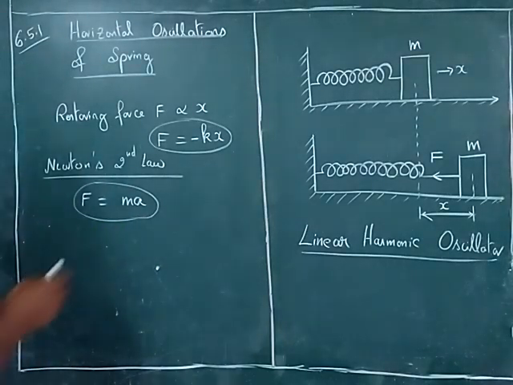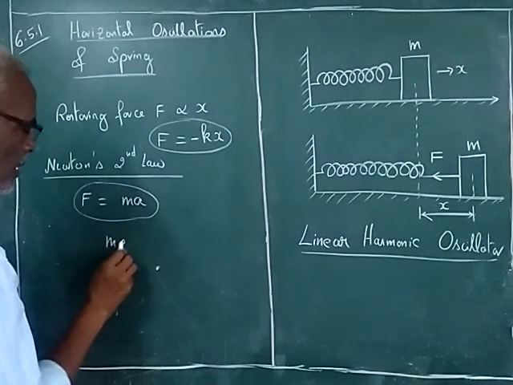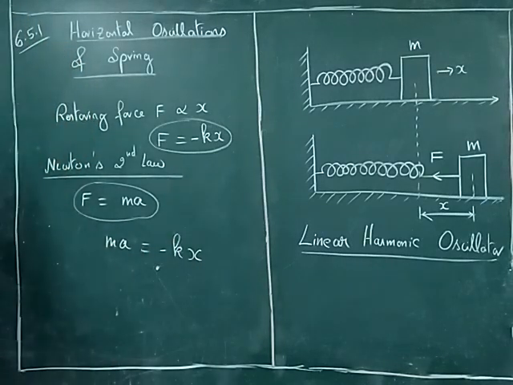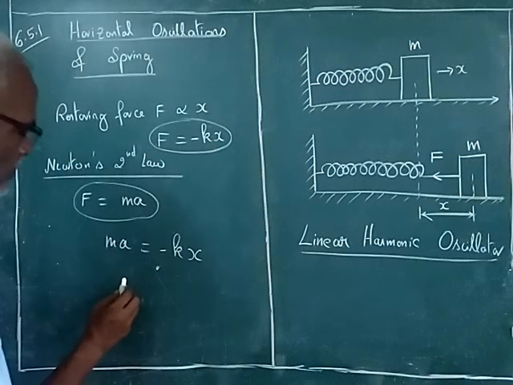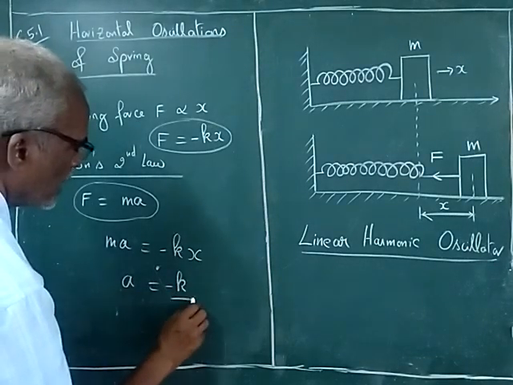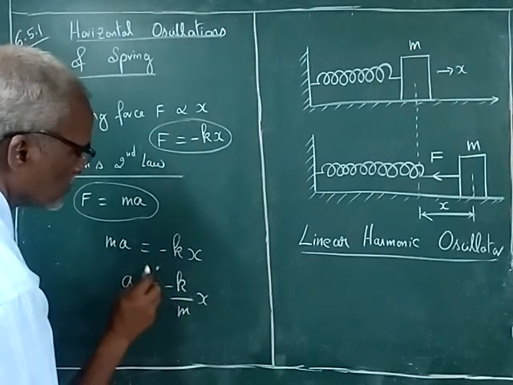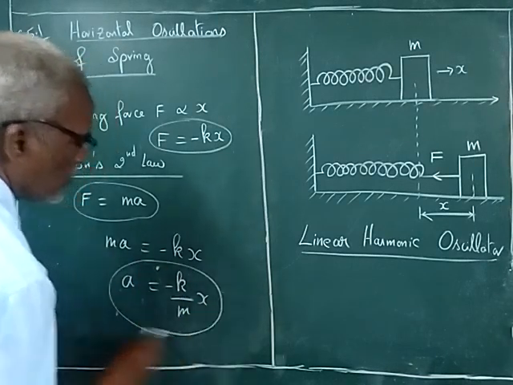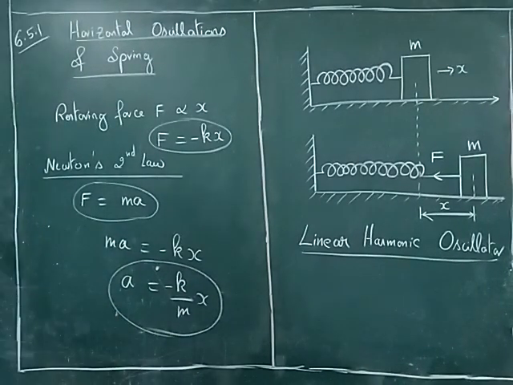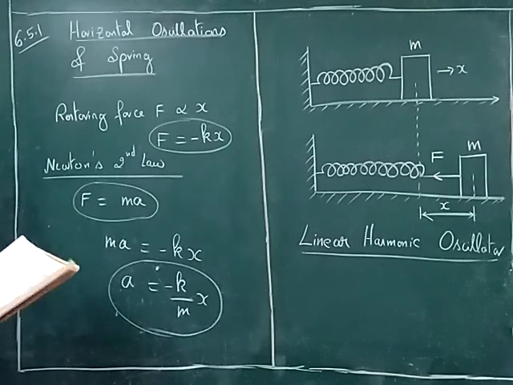Therefore, ma is equal to minus kx. Now, acceleration is equal to minus k by m into x. So this is the new relation we have for acceleration, in terms of spring constant, mass of the object, and the displacement x.